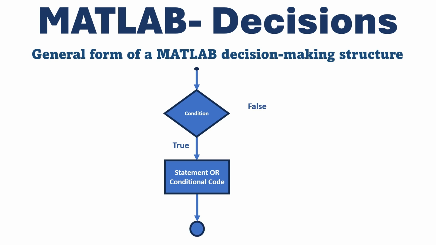But if the condition is false, then we terminate the program or skip the specific statement written after the condition is true. This is the general form of the MATLAB decision-making structure.